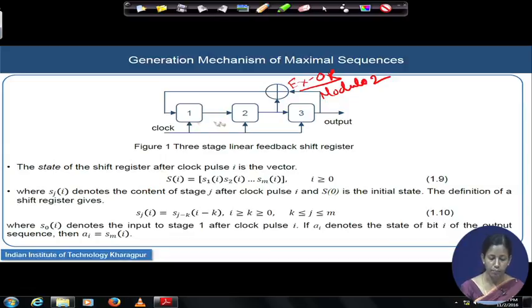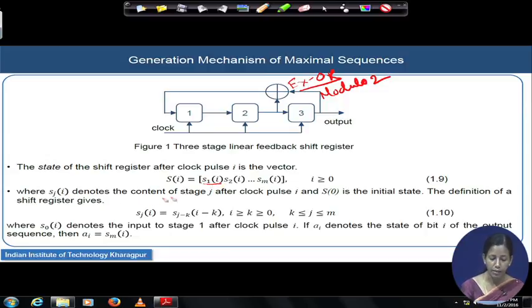Any state of a linear feedback shift register after clock pulse i has arrived will be given by this total vector. The vector is the combination of all the stage values, with the value of each stage written inside the bracket.